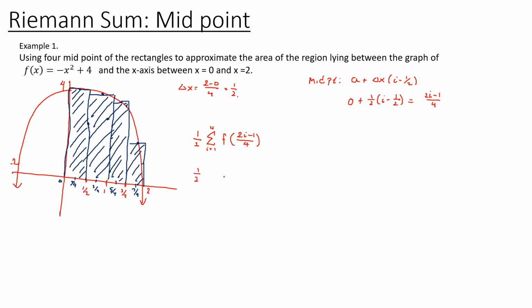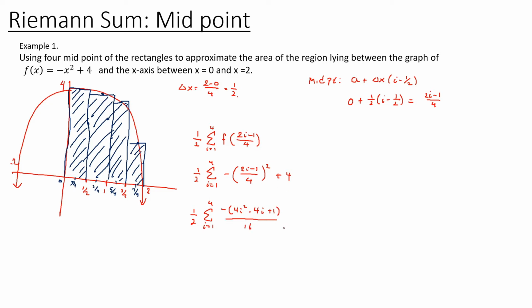So 1/2 sigma of i equal to 1 to 4 of negative (2i minus 1 over 4) squared plus 4. If you multiply this out, you should get negative 4i squared minus 4i plus 1 over 16.